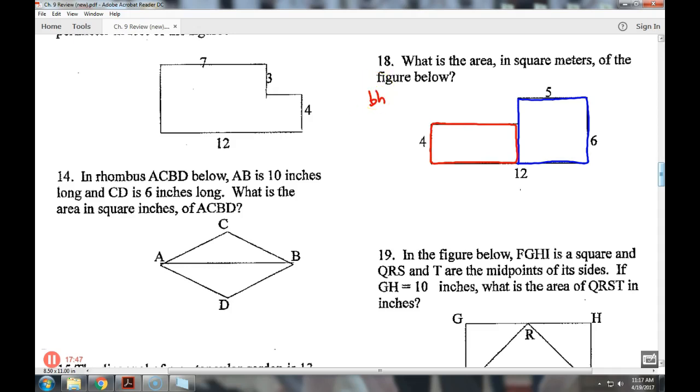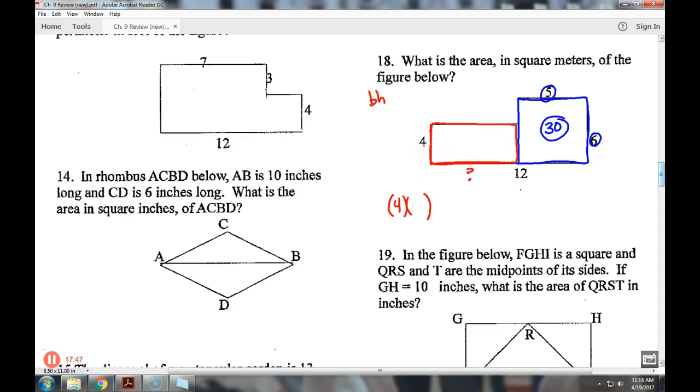Now the key is getting my numbers correct. On this one over here, my base is 5 and my height is 6. So that has an area of 30. The red one's a little trickier. For the red, I know the height is 4, but I do not know the length just yet. So I have to figure out how long this red piece is.